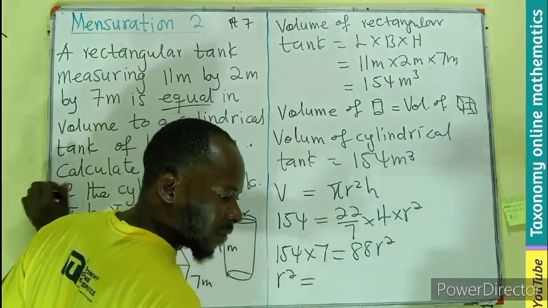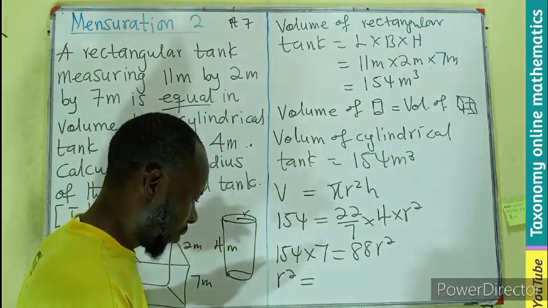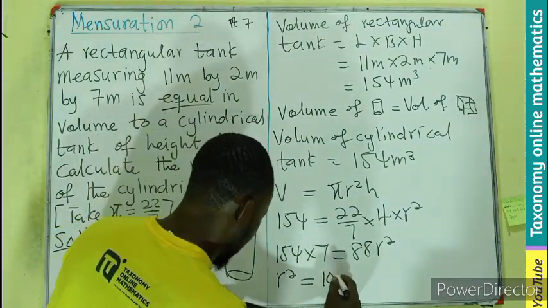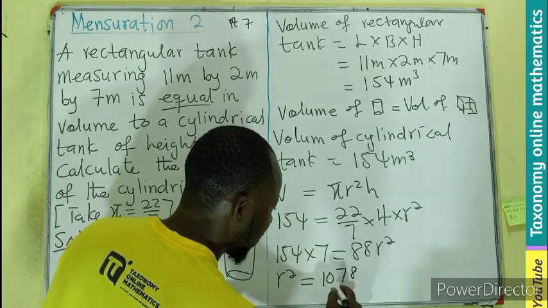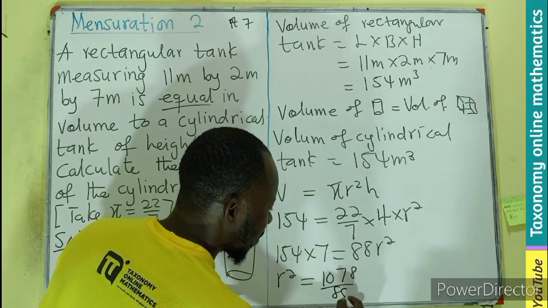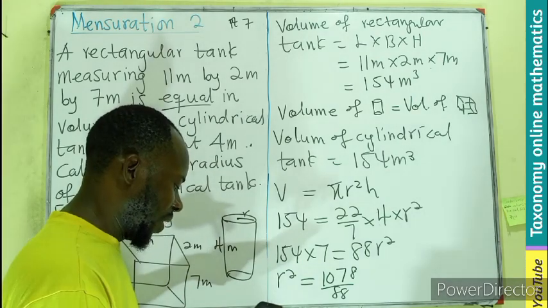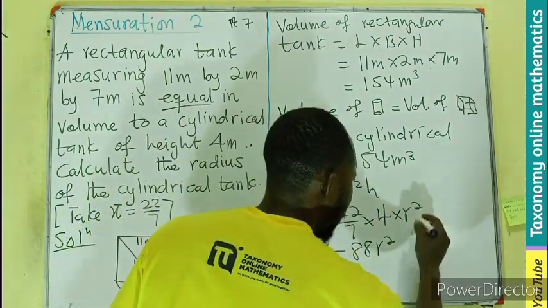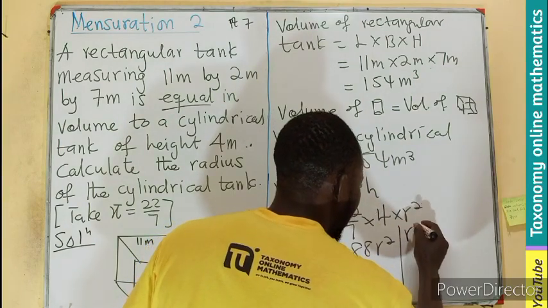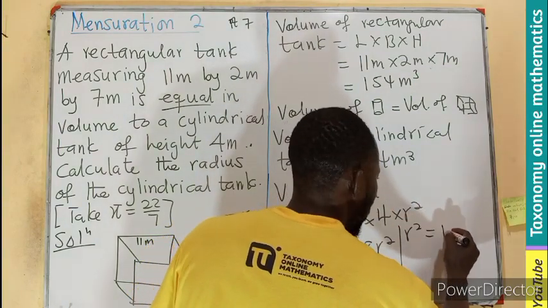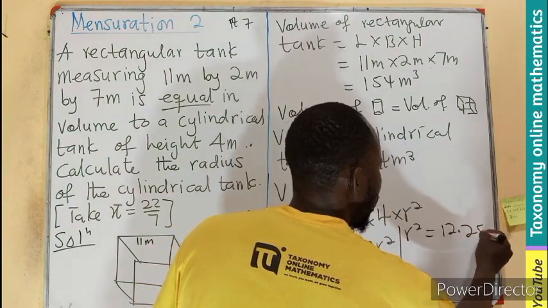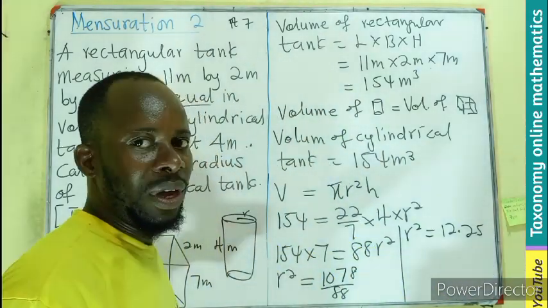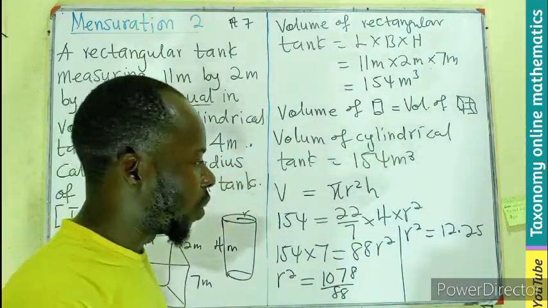And that will give us 1078 divided by 88. So if we divide that by 88, we'll be having our r squared equals 12.25. But don't forget, we are looking for r, not r squared.